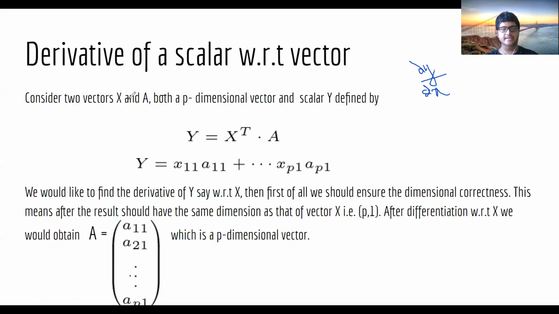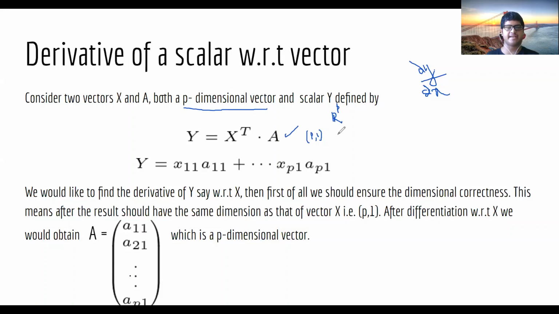Here, similarly, consider two vectors x and a, both p-dimensional, meaning they both belong to R^p, and a scalar y which is defined as x transpose a. This is 1 cross p times p cross 1, so we get a 1 cross 1 matrix, which is basically simply a scalar.